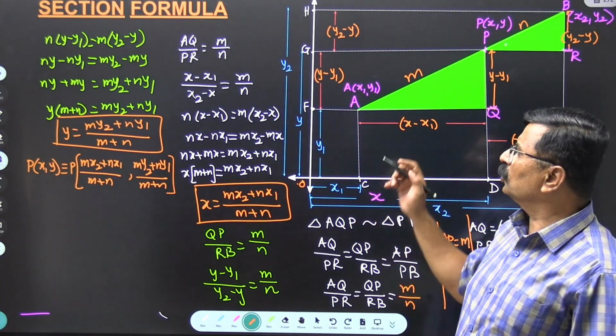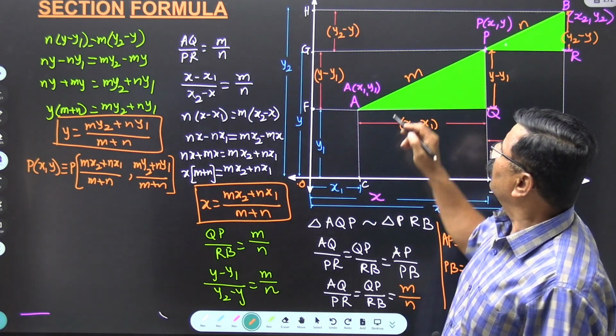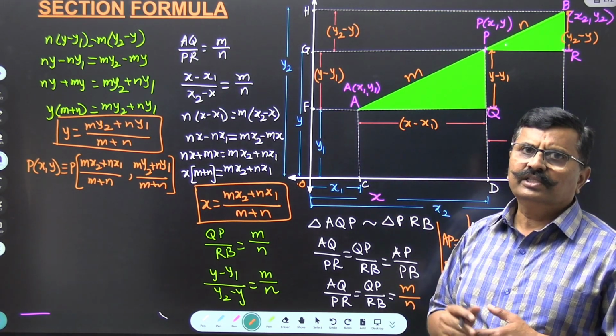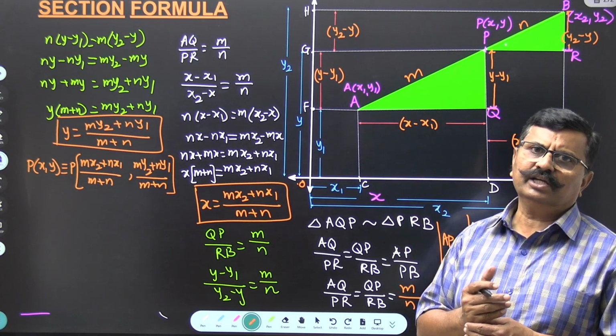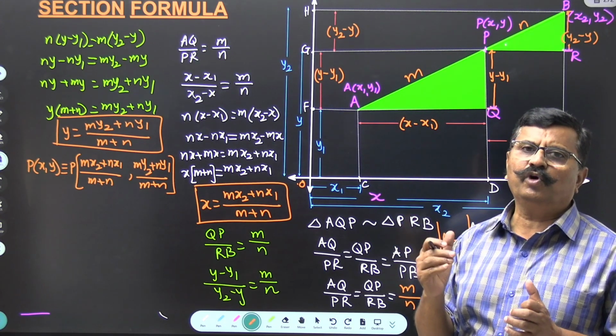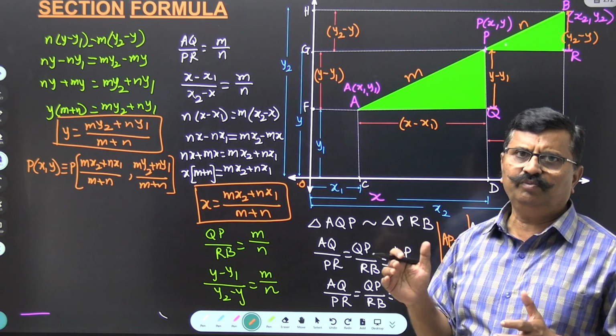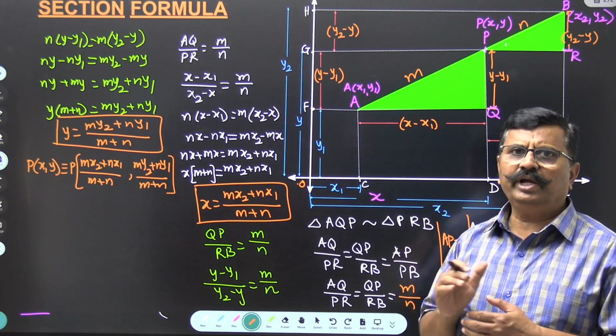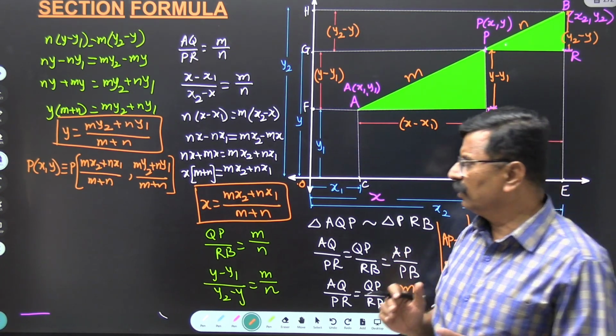Why internally? Because point P is in between point A and B. Same way, point P can be outside segment AB also. Then you say that point P is dividing segment AB in the ratio m is to n externally. Okay.